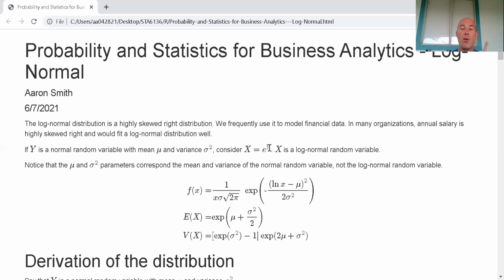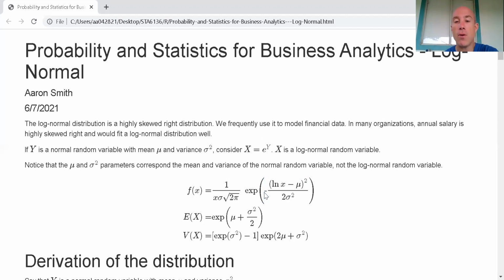Now let's take a look at the density. The overall density looks very similar to regular normal, but there are two things that are different. I've got my 1, I've got my sigma, and I've got square root of 2 pi, just like regular normal, but there's a little x floating around inside the fraction. Now, what about the exponential? I've got squared, I've got a mu, I've got a 2 sigma squared, I've got a negative sign.